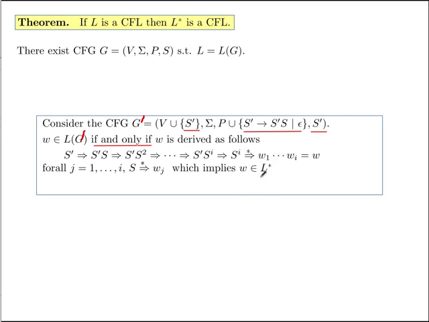That is why you can have all the strings of L star, and vice versa also. If you have something in L star, that has to be of this form, and that can be derived from here. So any string in L star will also be generated by this grammar G prime. So yeah, this is a grammar for L star.